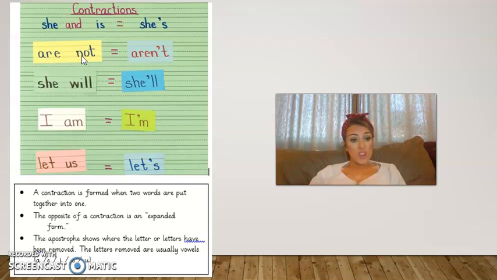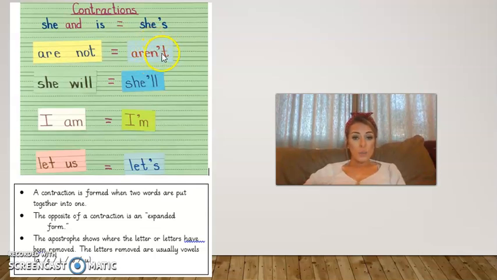So we use contractions because they are quicker and easier, but we take away a few letters when we make a contraction. So can you see here that I've got the word are and I've got the word not here, and I've got rid of the O, haven't I?